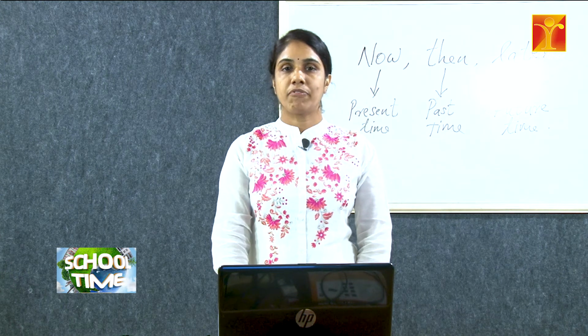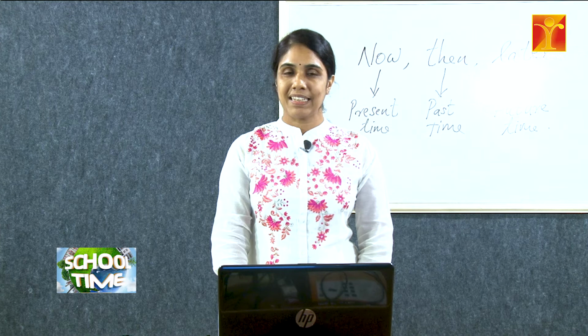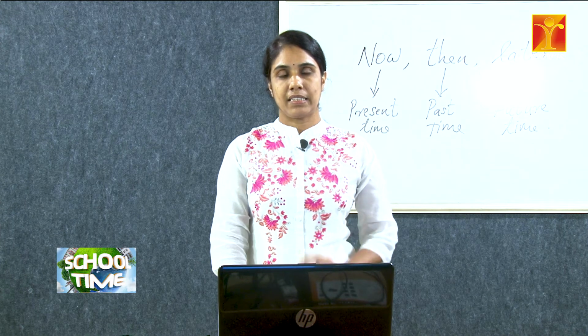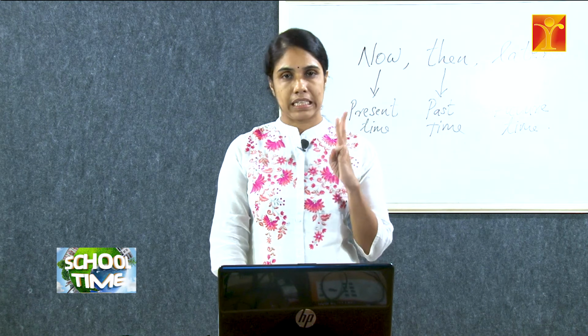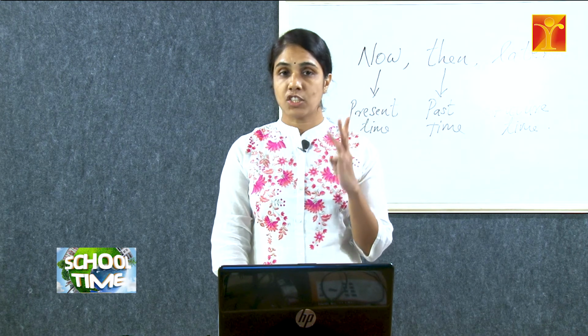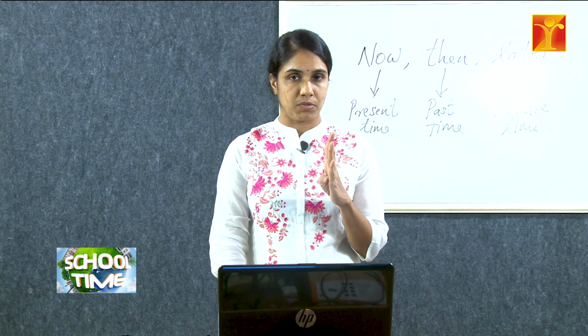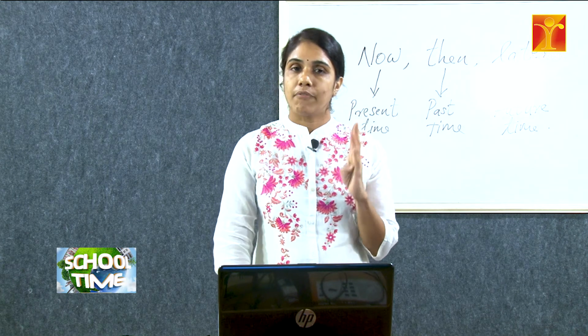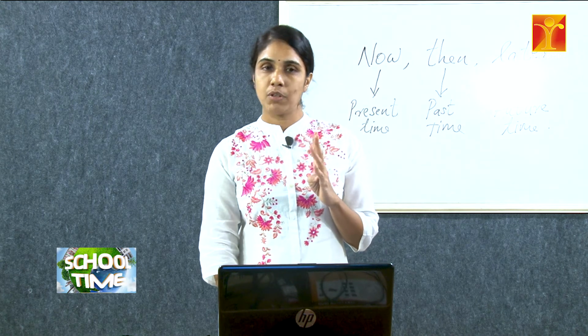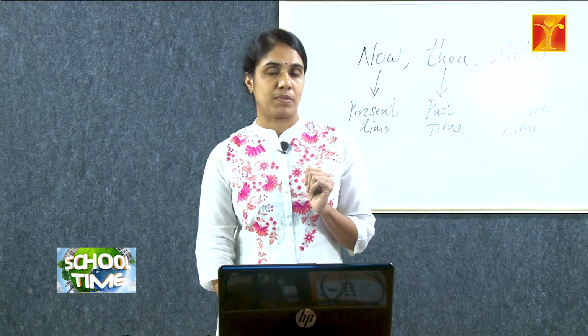So 3 into 4, we have 12 tense forms. Is it clear? There are mainly 3 tenses, and each of them has 4 subdivisions. So we have 3 into 4, 12 tense forms.